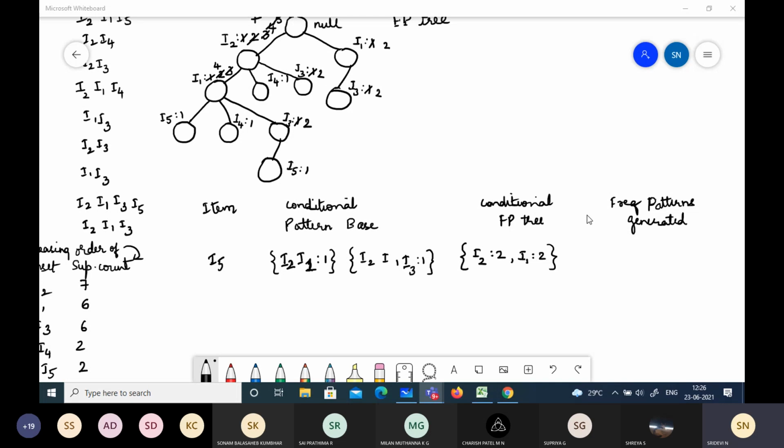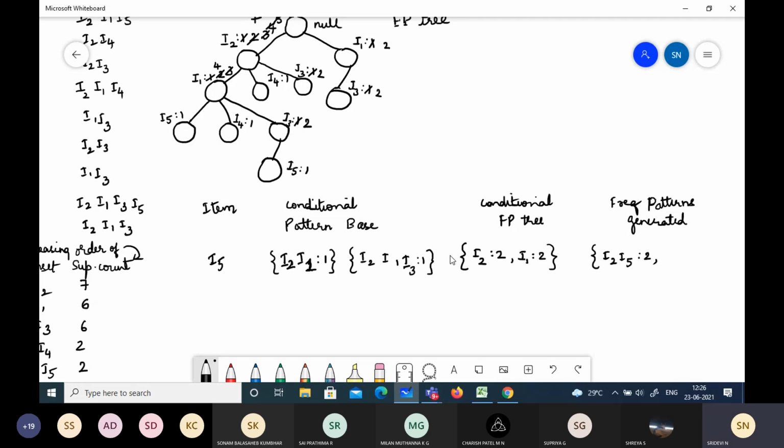Now the frequent patterns, what will be generated? It's very simple. The frequent patterns generated from this, we'll just combine with the item. So we will have I2, I5, count 2.